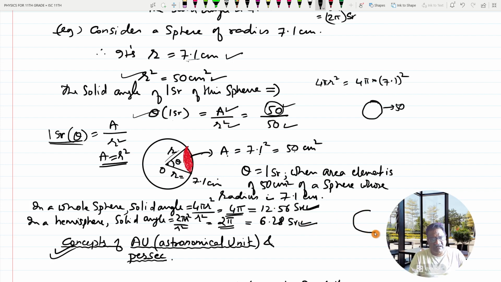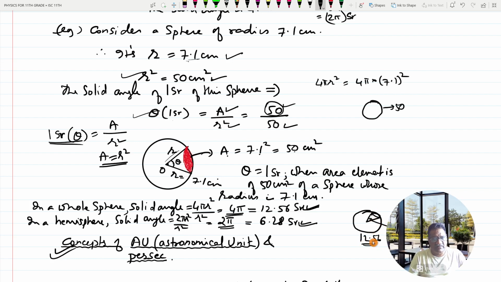Okay. Now, what is the meaning of this 12.56? When you take a watermelon, whatever is the radius, if you take a piece of this form, this angle is 1 steradian, right? Then how many such pieces can you remove? You can remove 12.56.